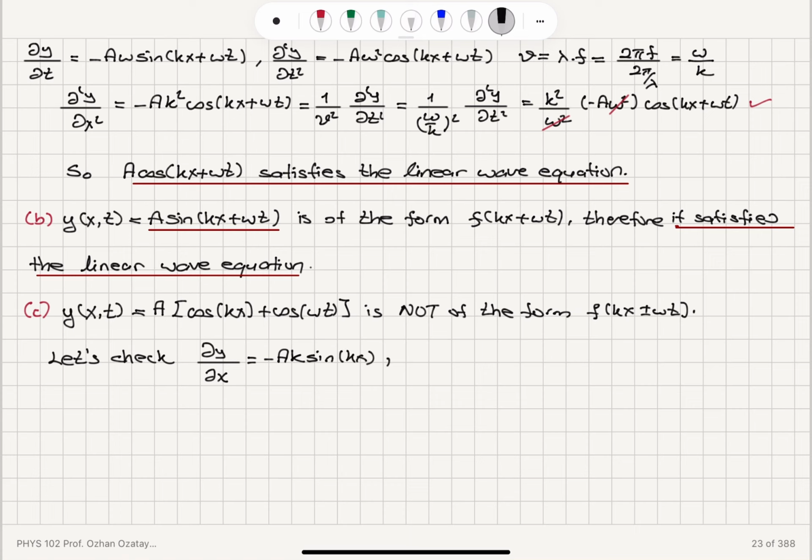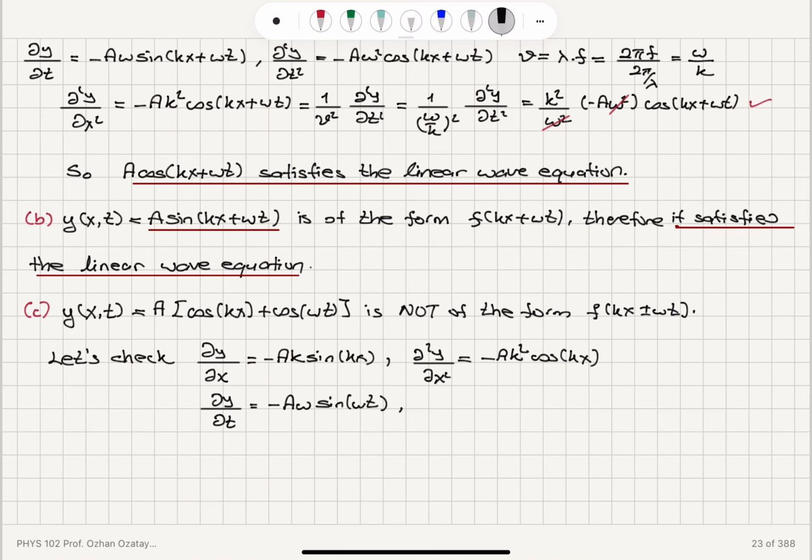The second derivative, ∂²y/∂x², is −Ak² cos(kx). The time derivative, ∂y/∂t, is −Aω sin(ωt).